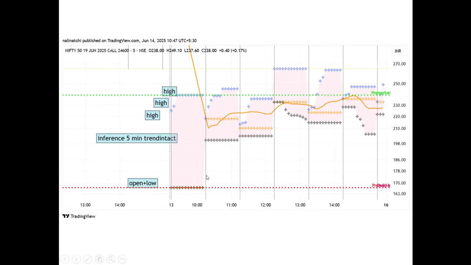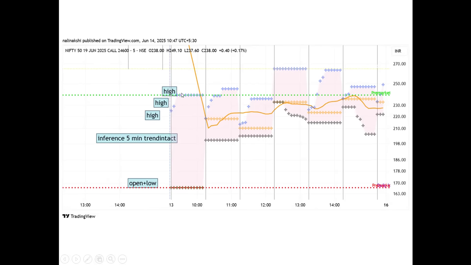Here you can see open and low plotted at the bottom and high plotted at the top. And this is the 5-minute high. You are seeing it is increasing. That means in 5 minutes, the trend is intact. So the direction is from the opening and low level, and the high is at the top.